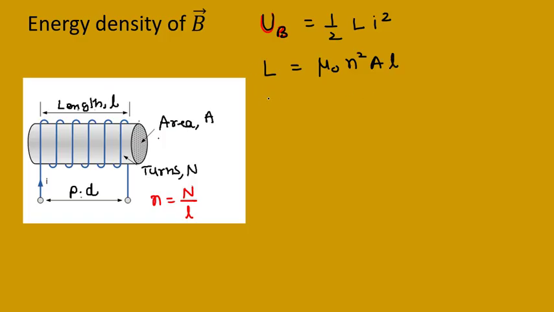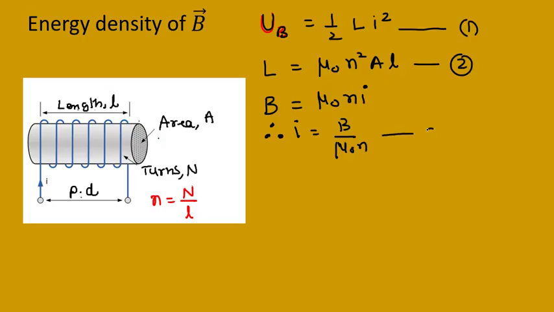And we also know that the magnetic field produced in this inductor would be given by mu naught n i, and therefore i will be equal to B upon mu naught n. I'll call this equation 1, this equation 2, and this equation 3.